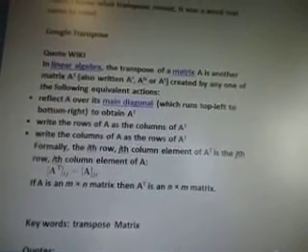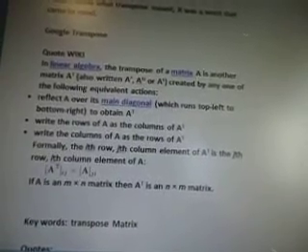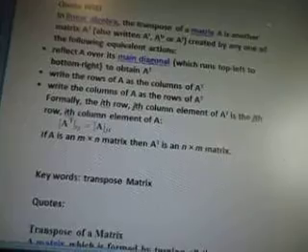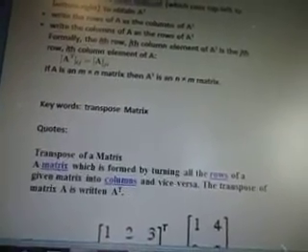Reflect A over its main diagonal, which runs top left to the bottom right, to obtain AT. Write the rows of A as the columns of AT. Write the columns of A as the rows of AT. Formally, the ith row, jth column element of AT is the jth row... Forget it, you know what it says. If A is an M times N matrix, then AT is an N times M matrix.